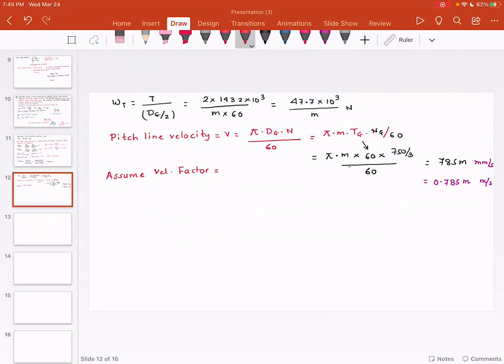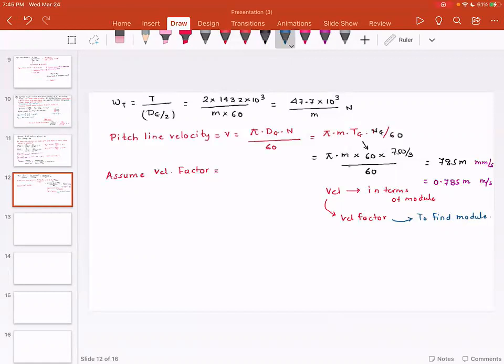So here is the issue. Right now, the velocity is expressed in terms of module. The velocity factor depends upon the velocity. We need velocity factor to find module. So this is sort of a chicken and egg problem.